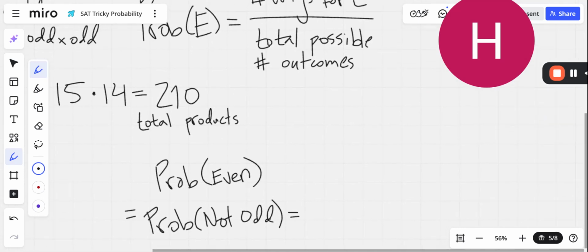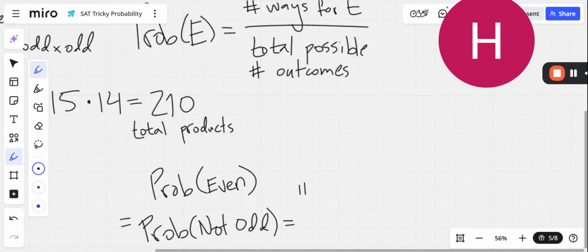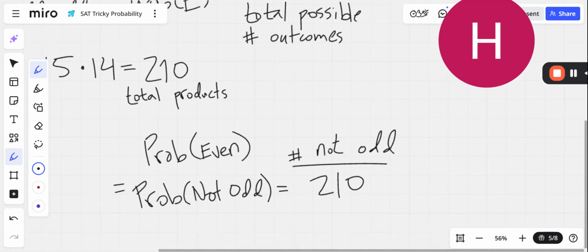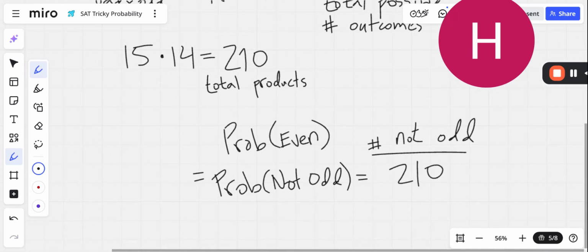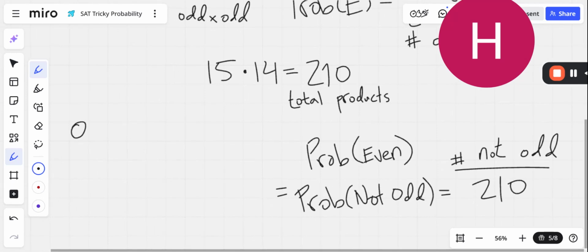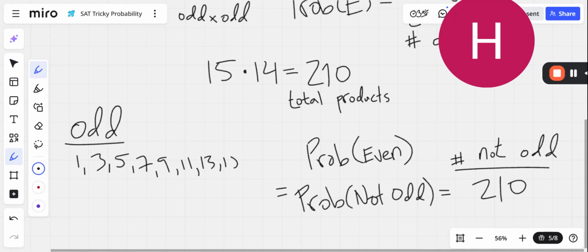So this is going to be the total possible number of not odd products over 210. And the way we can do this is we can find out how many of them are odd. If I have only odd numbers to choose from, that's 1, 3, 5, 7, 9, 11, 13, 15. Those are the 8 odd numbers that I get to choose from.